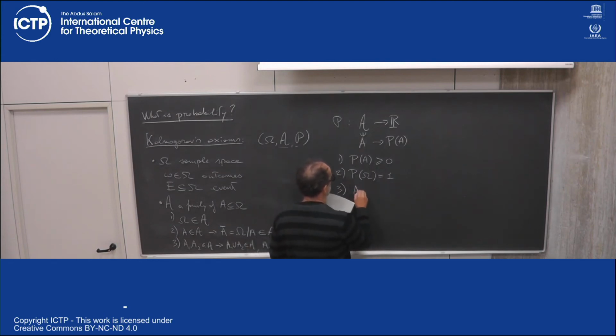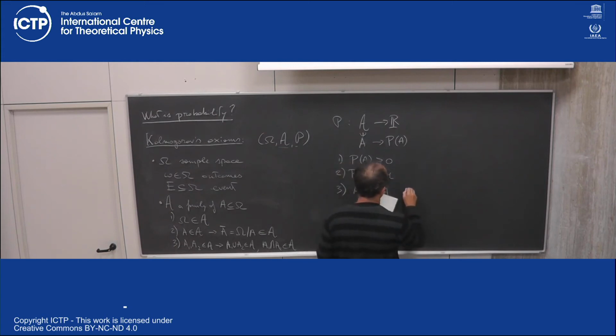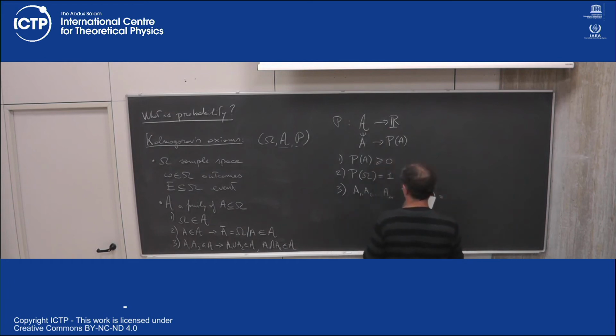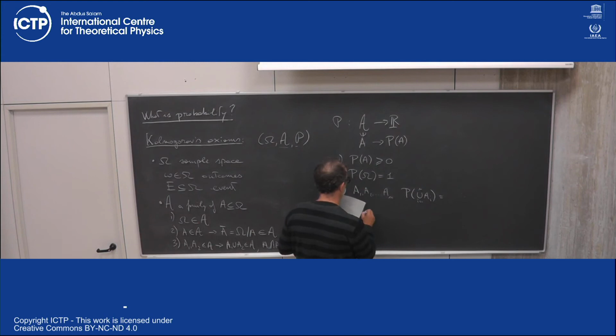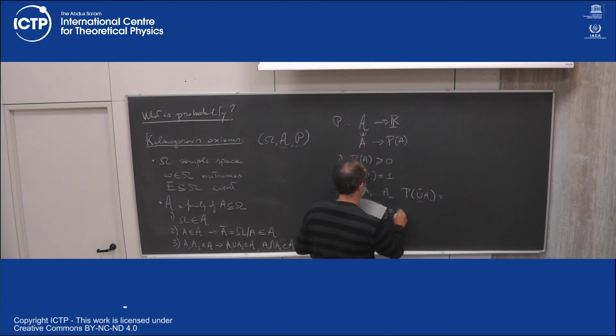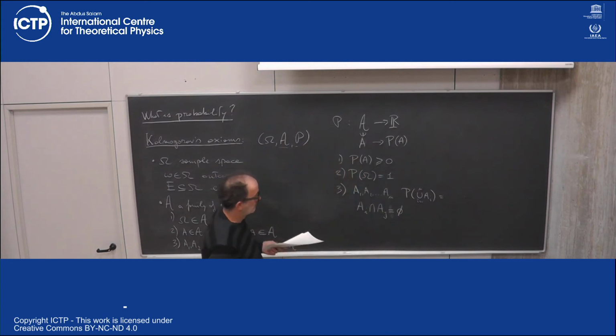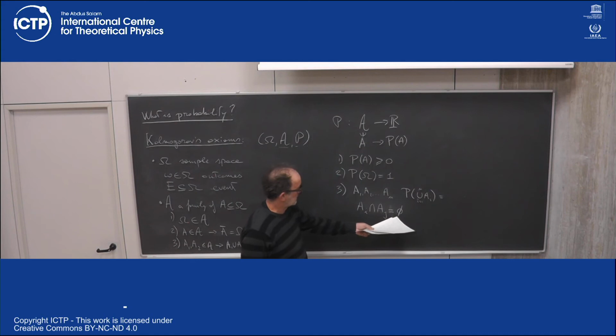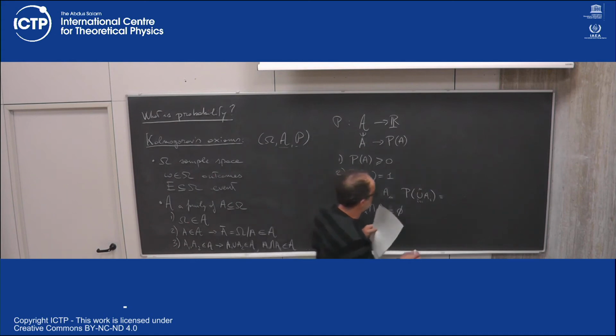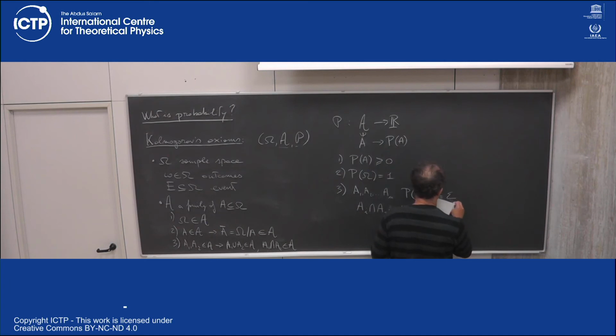So if you have a sequence of events, which can be countably finite, and these events are all disjoint, okay, so their intersection is the empty set, then the probability of the union of these events is equal to the sum of the probabilities.